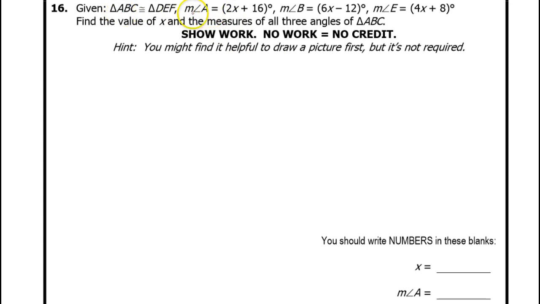I have angle A. So see how angle A is first? Angle A corresponds with angle D. So that is not going to help me, because I don't have an expression for angle D. So I'll come back to that.